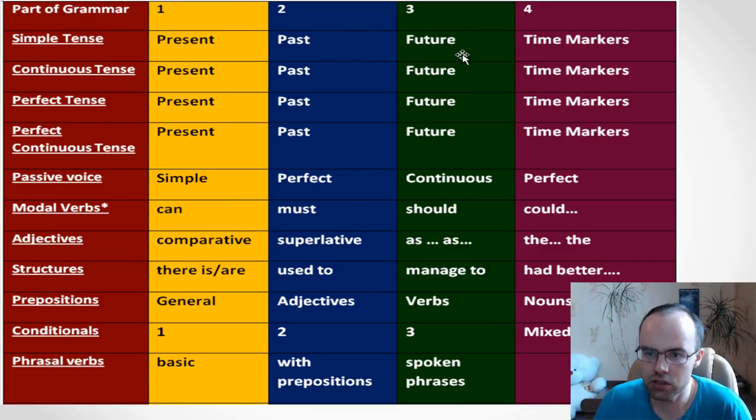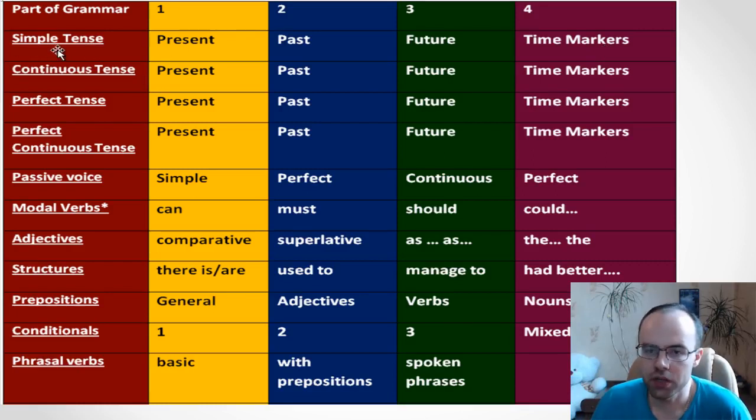It's what you need for a start. It's your first step. And it's also desirable to know some time markers which are typical of this or that tense, like usually, always, a week ago, next week, and so on. And you also need to focus on prepositions, so you need to start with it.